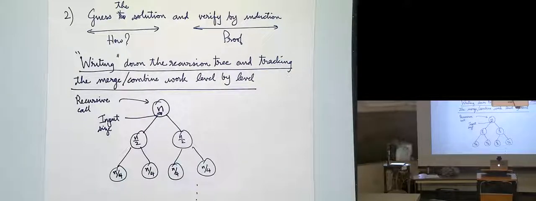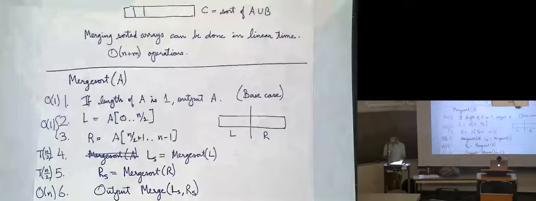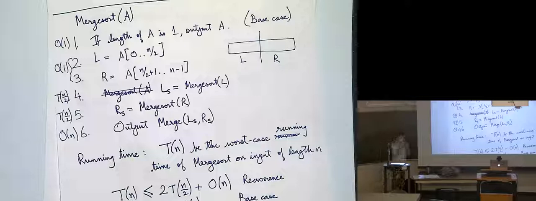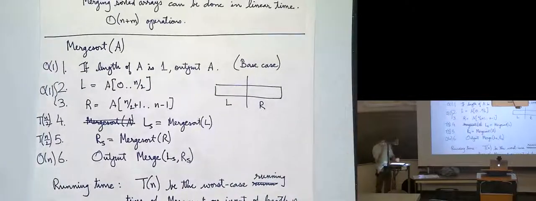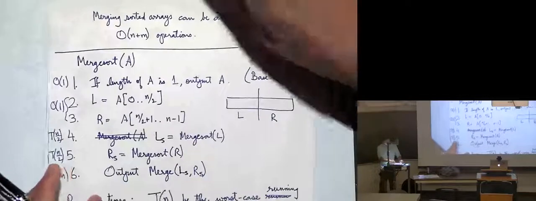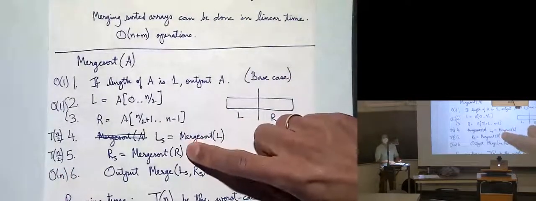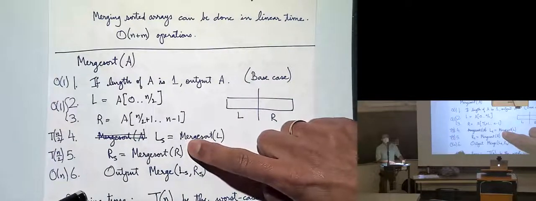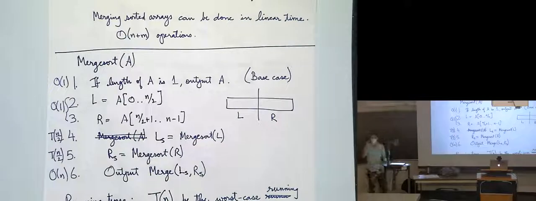Now, let's go back to our procedure, and let's observe that if you go to the recursion tree, it is handling the running time of these calls. But steps 1, 2, 3, and 6 are associated with that call.